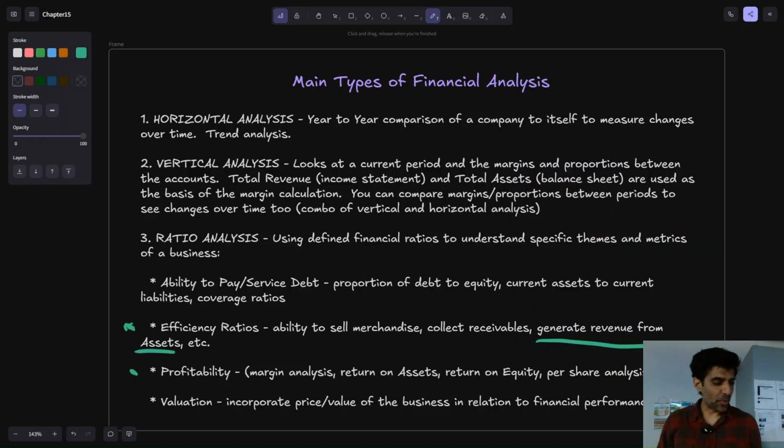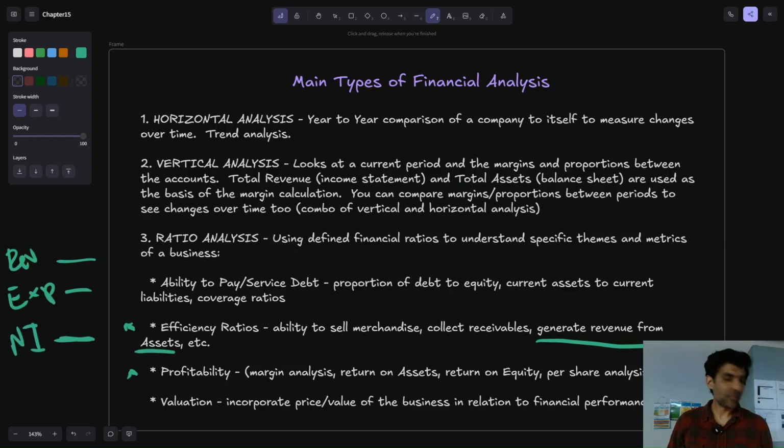So profitability is now looking at that. At the end of the day, the bottom line comes from this. Top line is revenue. Then you have all your expenses. And then you have the bottom line, which is net income. That's why it's called the bottom line. That's where that term comes from, because it refers to profit.